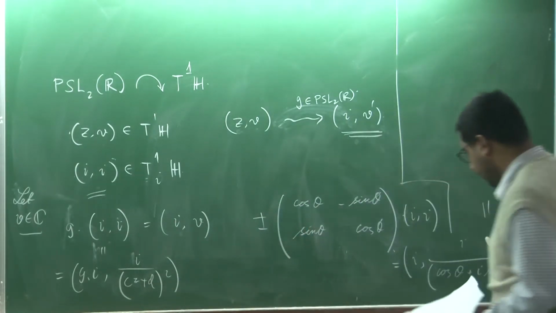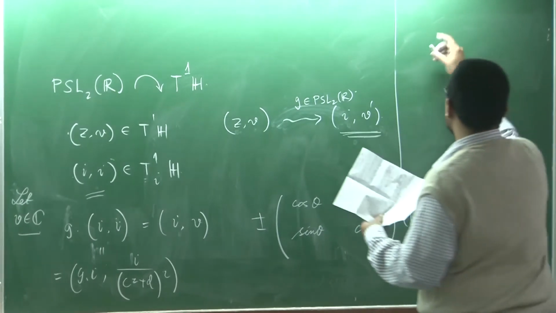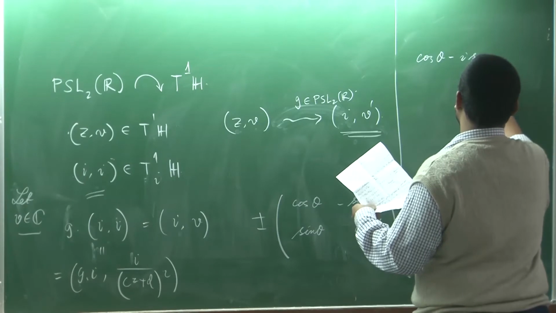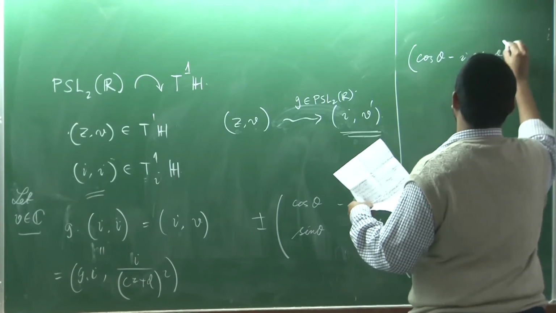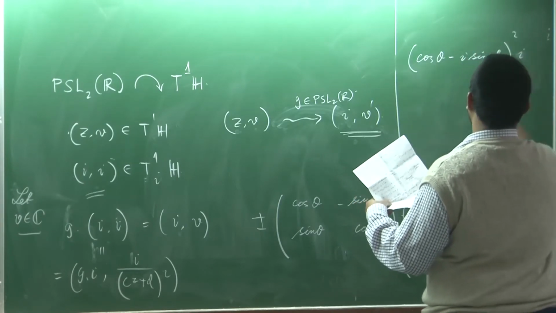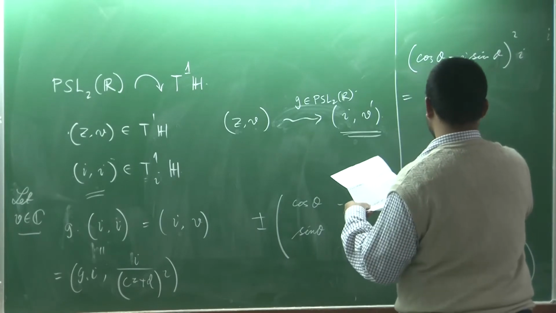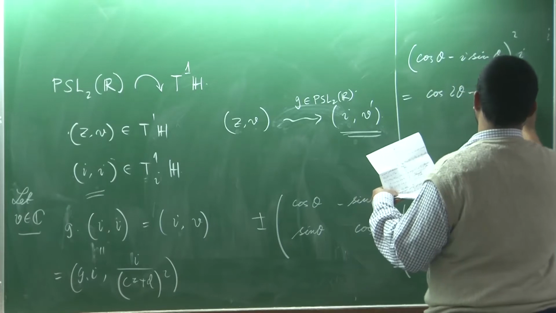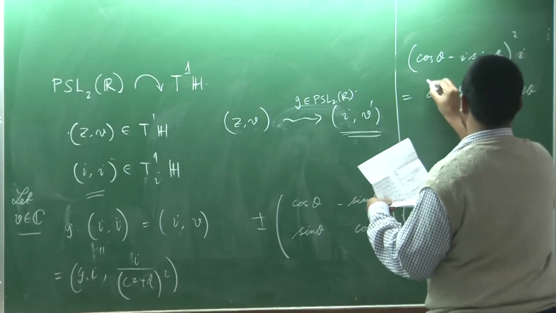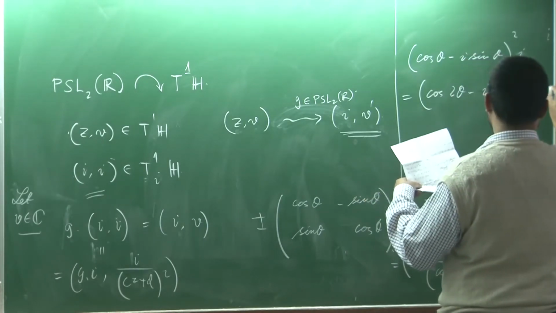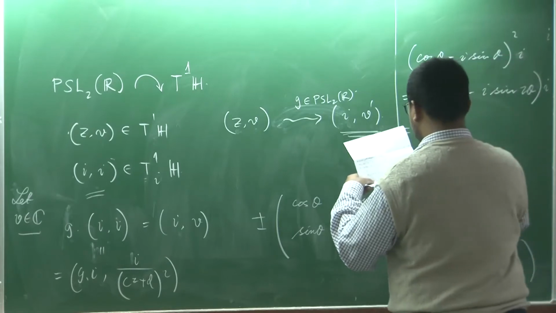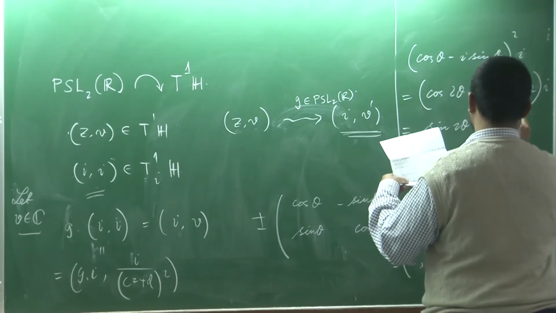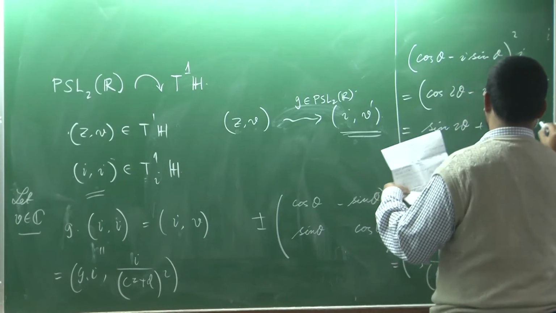Just concentrate on this second one: (cos theta minus i sin theta) square times i. So this is what we can see immediately: (cos 2 theta minus i sin 2 theta) times i. So basically, sin 2 theta plus i cos 2 theta. Okay, fine.